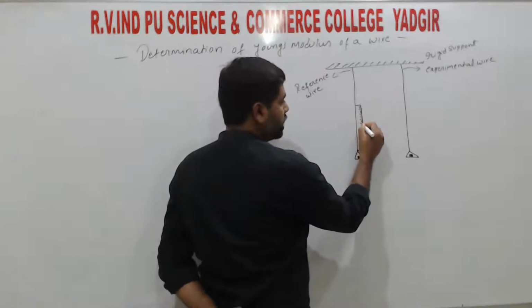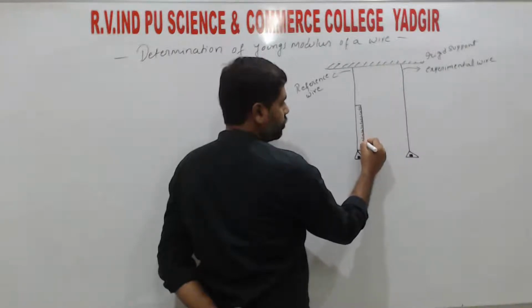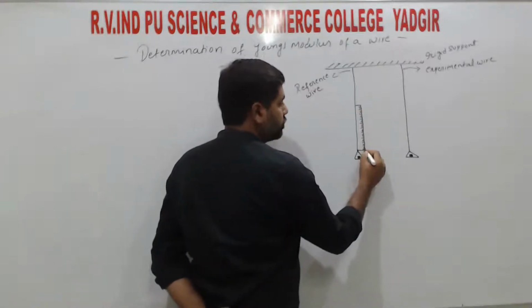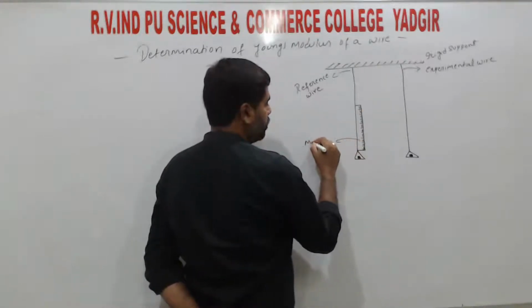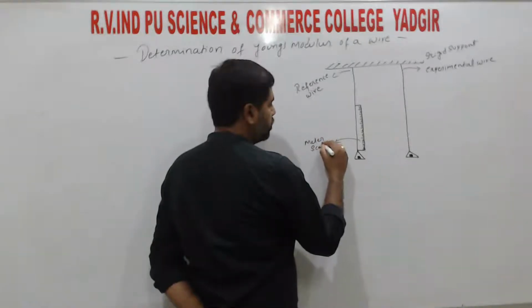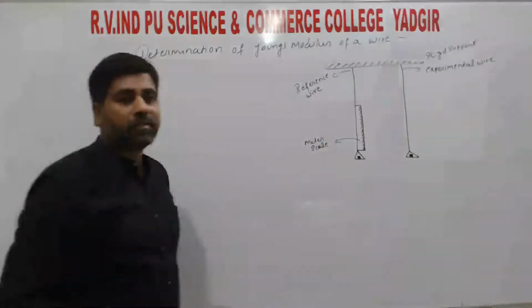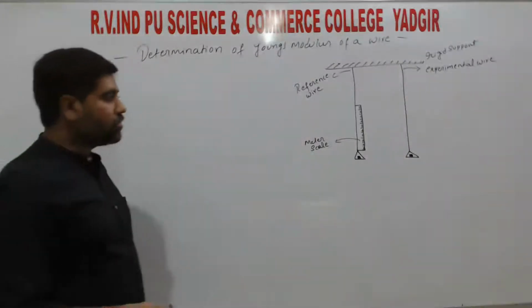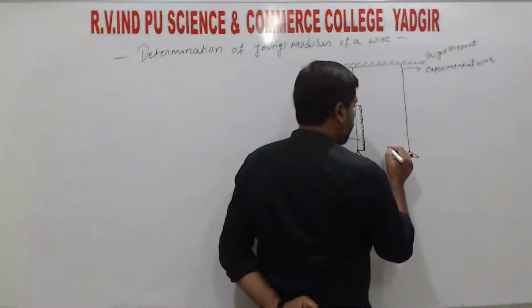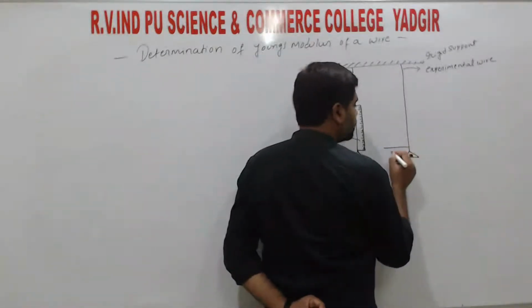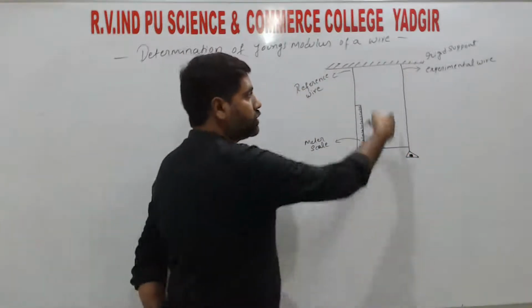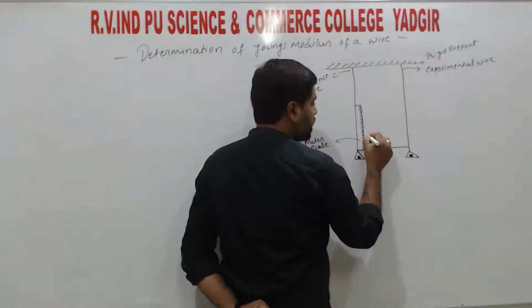Reference wire means standard wire, right? So this one is the meter scale, attached to the reference wire. The next one is a pointer at the end of the experimental wire, right? One pointer is attached to the experimental wire with the vernier scale.